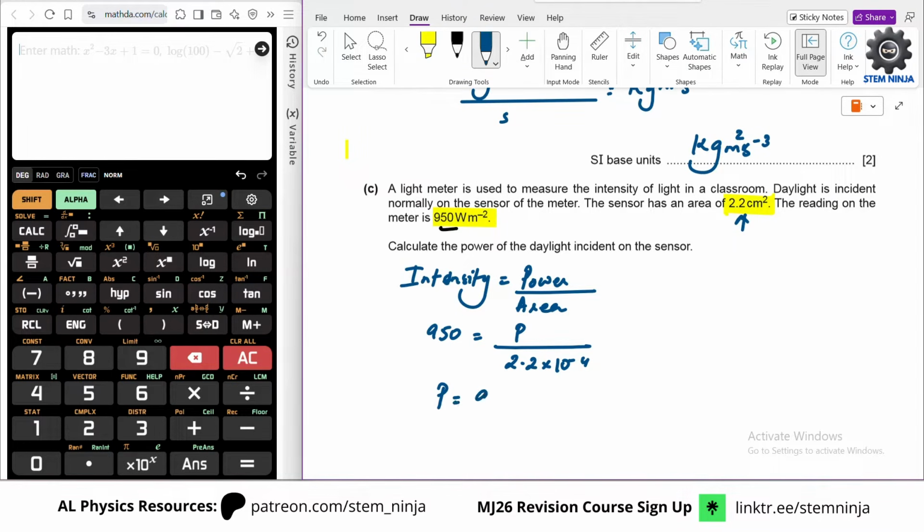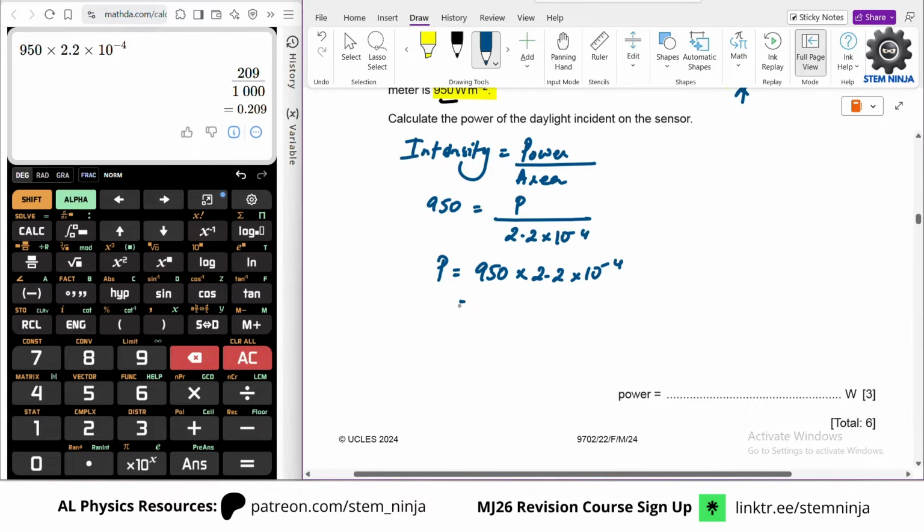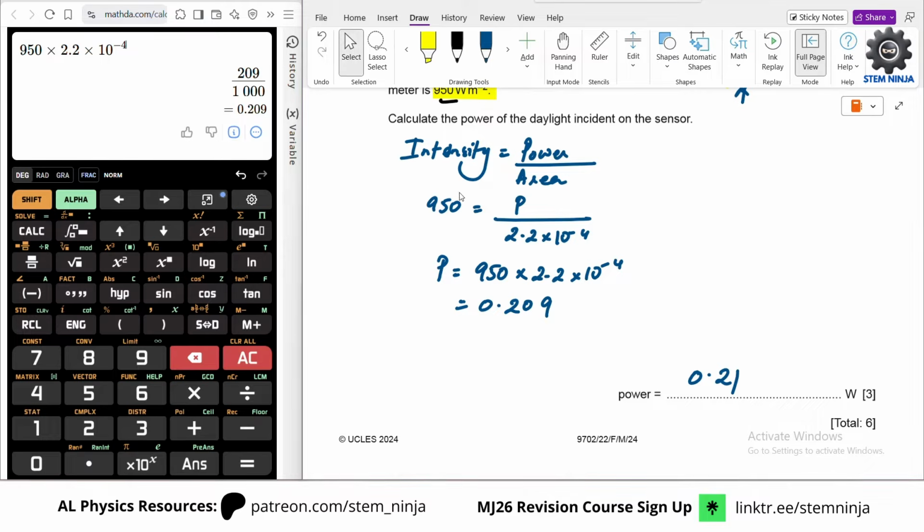Hence, power would be 950 times 2.2 × 10⁻⁴. So we get 0.209, so basically 0.21. Okay, so this was the first question. Let's move on to the second one.